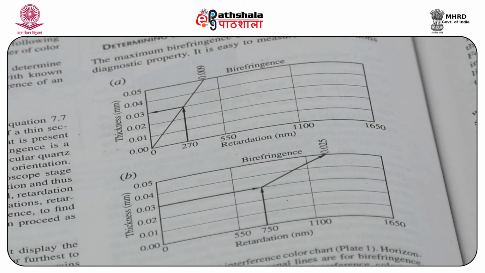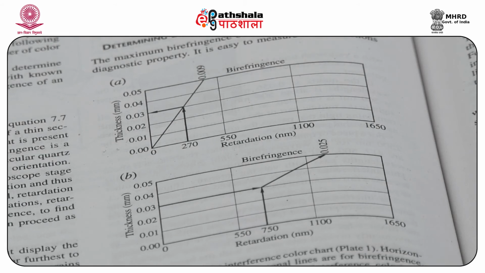For determining thickness, we first scan the slide to find grains of quartz that display the highest interference color, meaning the color farthest to the right on the interference color chart. Only these grains are oriented to display the known birefringence of 0.009. Then we identify the highest interference color displayed by the quartz and find it on the color chart.